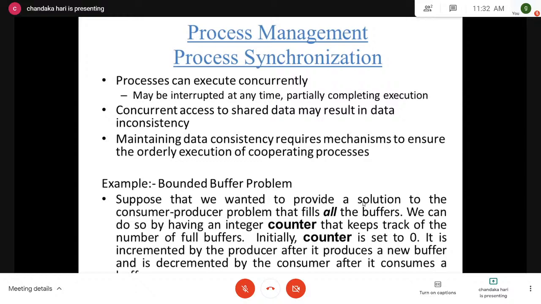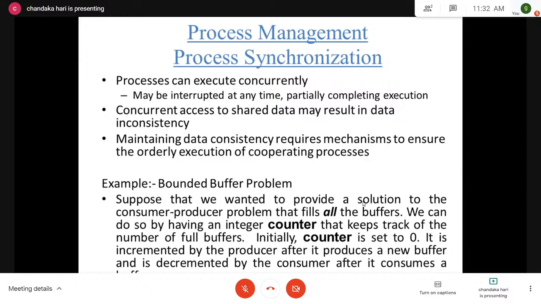Process synchronization is a set of tools or mechanisms which will try to see that the data does not enter into inconsistency, and that there is an orderly execution of cooperating processes. That's it.